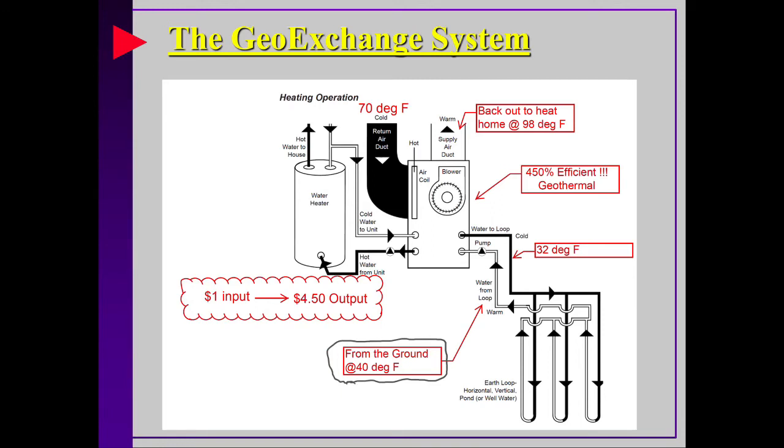We pump it into my coax, and then have that water come back out and go right back into the earth. It's going to come out of this unit at about 32 degrees and go into the earth. It'll get warmed back up to the 40 degrees.